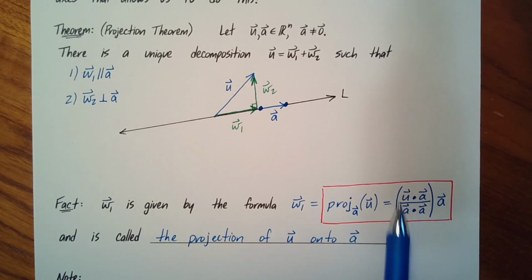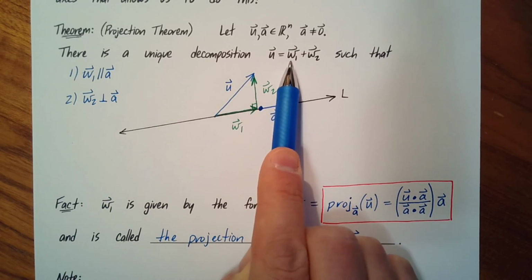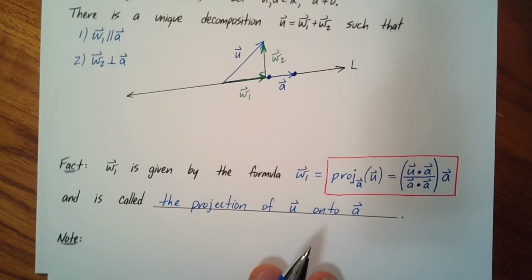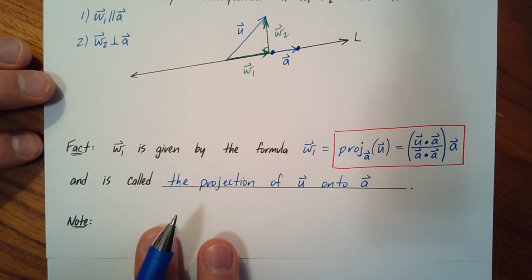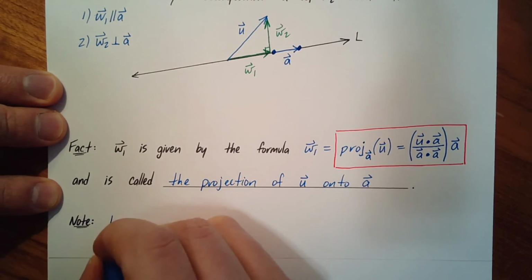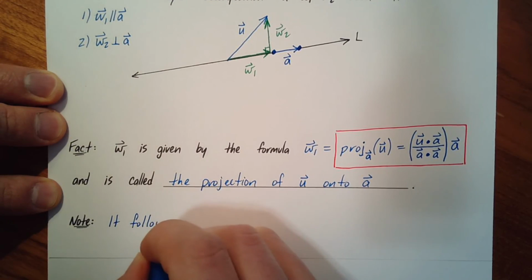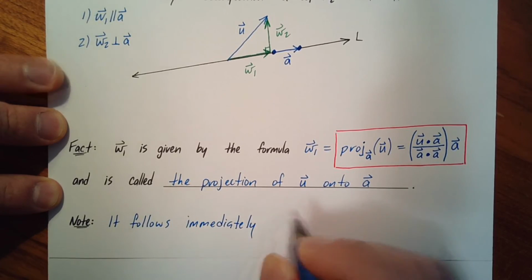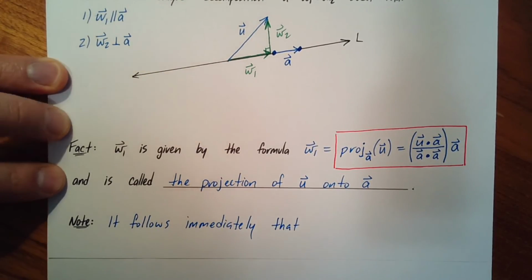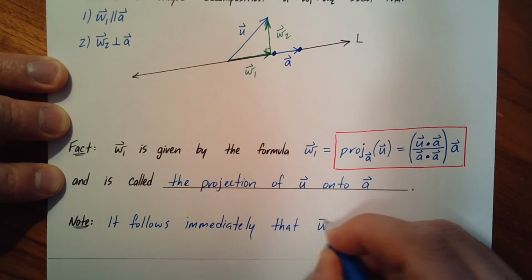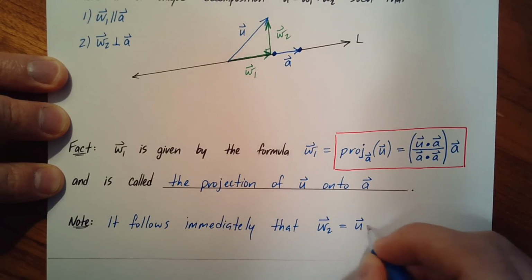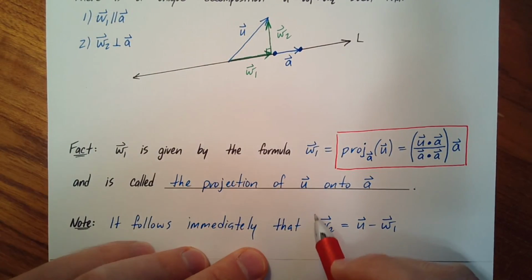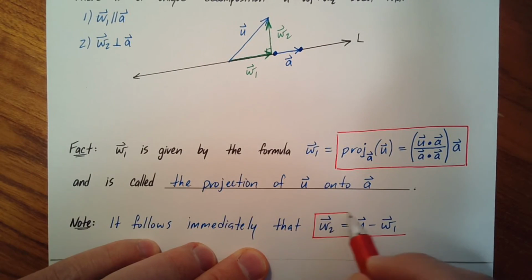So if you have W1 given by this formula, just subtract it over to the other side, and you can isolate W2 that way and find it. So that's where this last note comes from. So it follows immediately that W2 is just equal to U minus W1. And if you'd like, we can put a box around that too, because these two formulas go together.